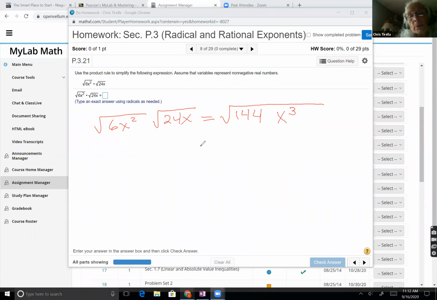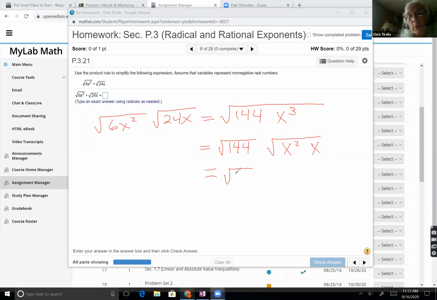Now we have to simplify. 144 is a perfect square, so I can take its root. For x to the third, we had said that if we have an even exponent, it's a perfect square, and if we have an odd exponent, it's not. So x to the third we break up into x to the second times x.